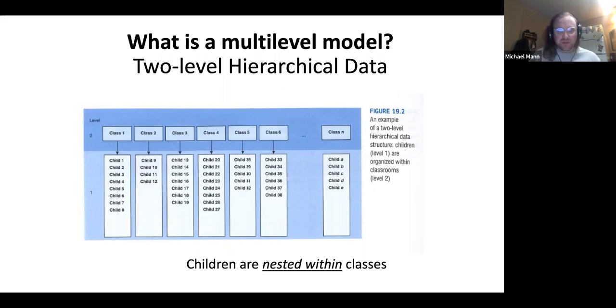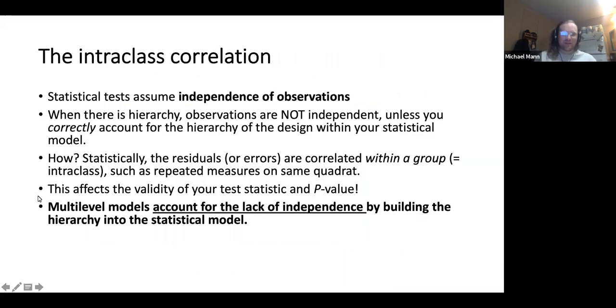And this is really important because it's not any different than the stream example I gave before, where those samples were nested within each of those streams. And this is important, right? Because if you don't take this into account, you can violate one of the main assumptions for linear models, which is the assumption of independence of observations.